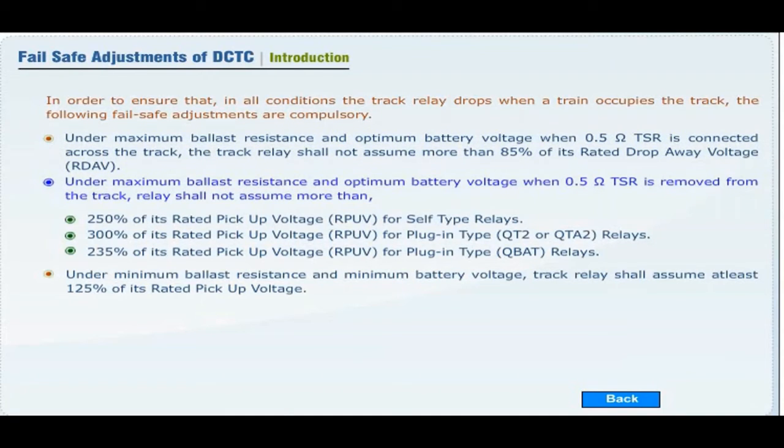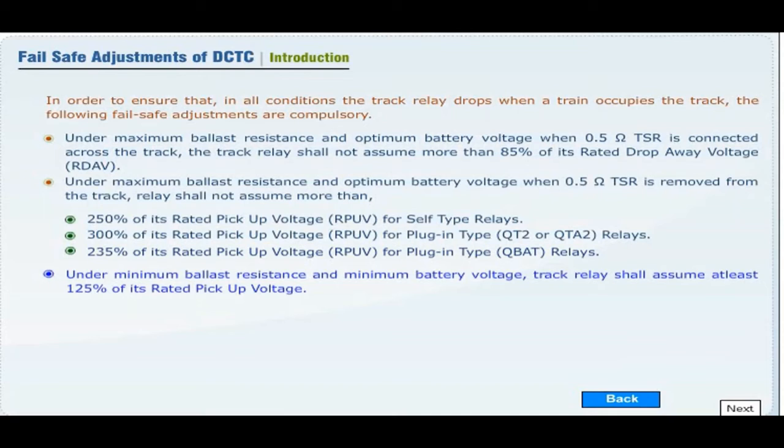Under maximum ballast resistance and optimum battery voltage, when 0.5 ohm TSR is removed from the track, the relay shall not assume more than 250% of its rated pickup voltage for self-type relays, 300% of its rated pickup voltage for QT2 or QTA2 relays, 235% of its rated pickup voltage for QBAT relays.